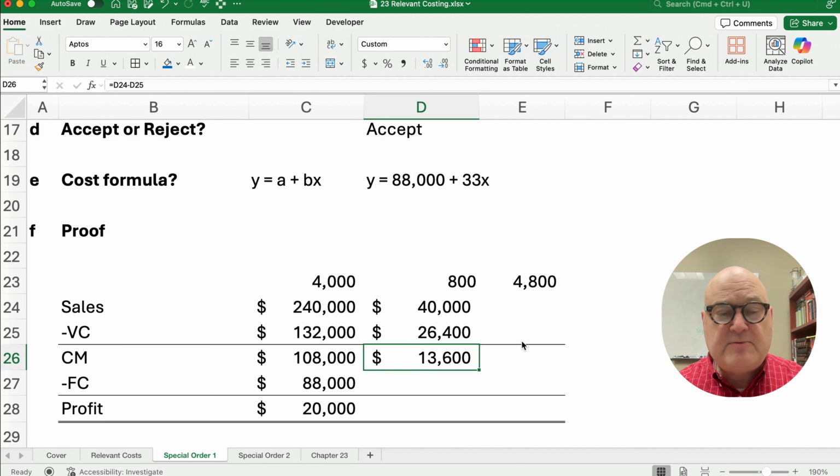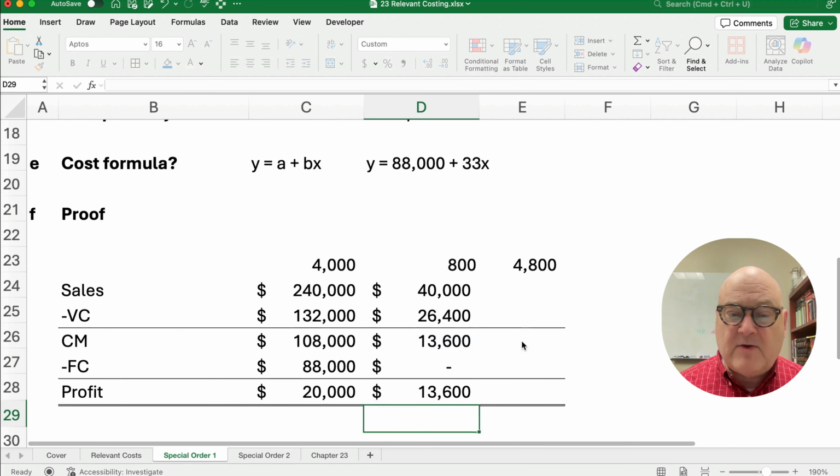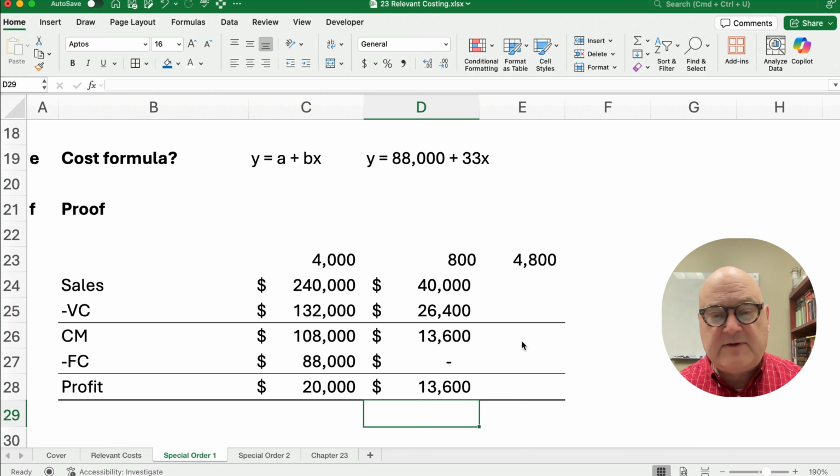Our contribution margin is 13,600. Now, how much does our fixed cost go up? That's a trick question, right? Our fixed cost is a total cost that stays the same, so it doesn't go up with volume. So therefore, 13,600 minus 0 is 13,600.